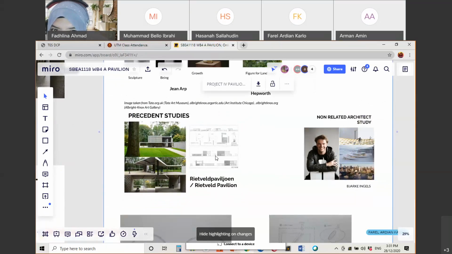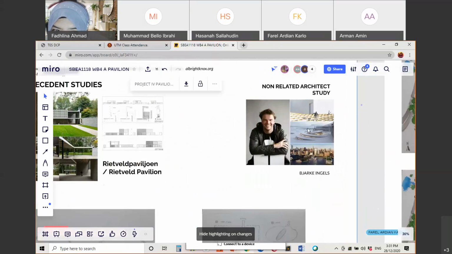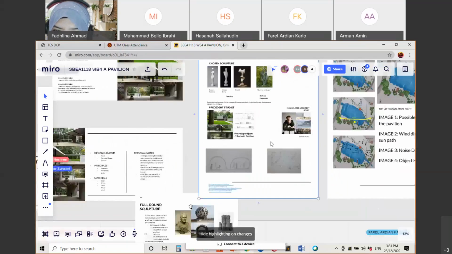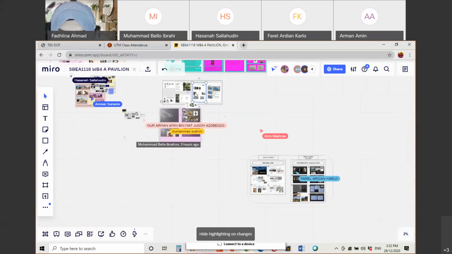So there's the plan I got from the Krüger Müller site. Oh, not yet, Doctor. Sorry. So there's another precedent study that I was planning to add, but I disbanded the idea. It was the Aldo van Eyck Pavilion.